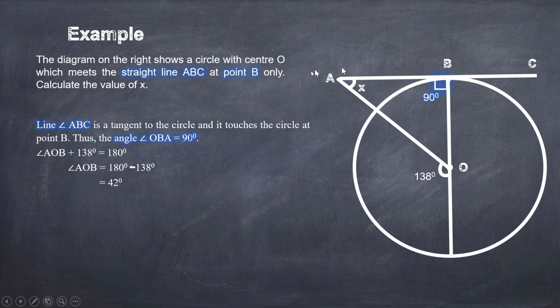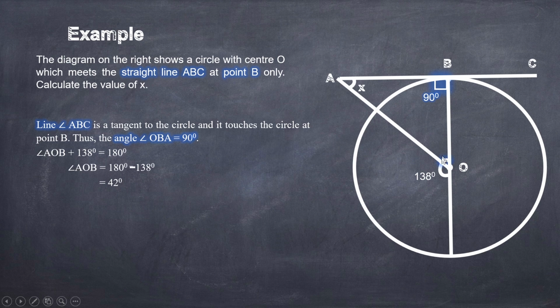In order to find x, 180 degrees minus this angle and also this angle. So now we need to find this angle first before we find x. This angle AOB: angle AOB equals 180 degrees minus 138 degrees, equal to 42 degrees.